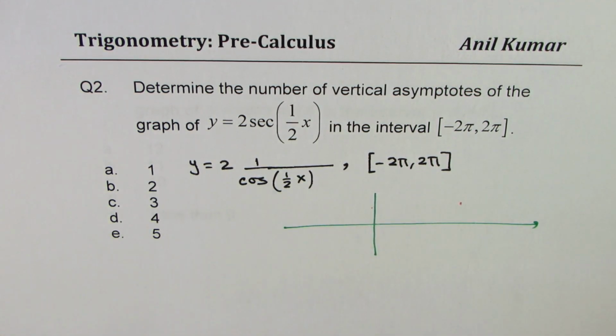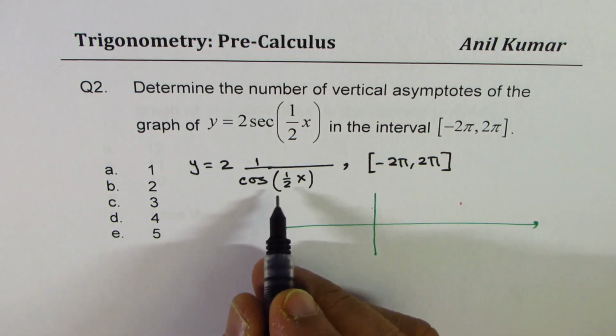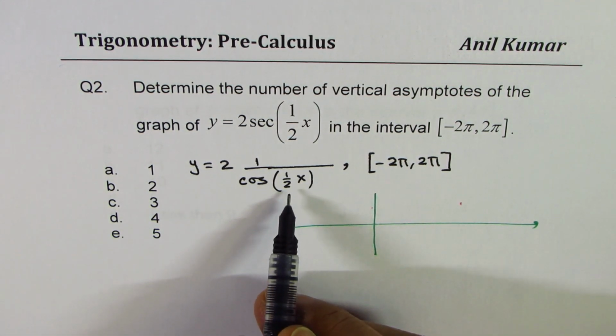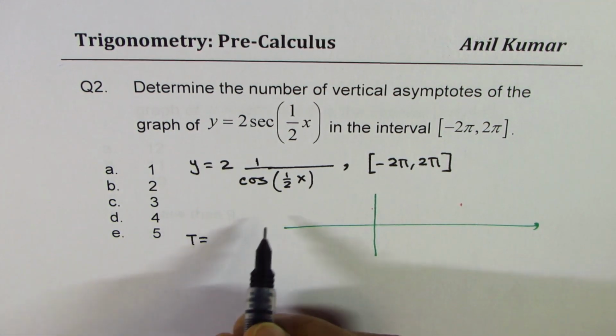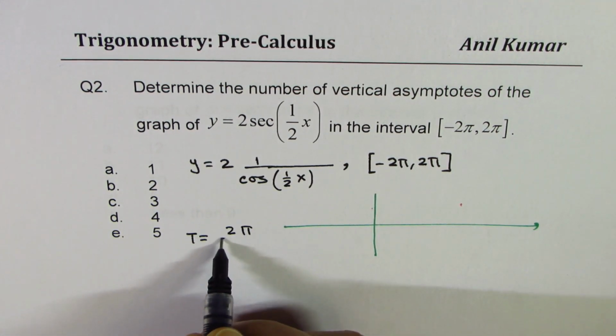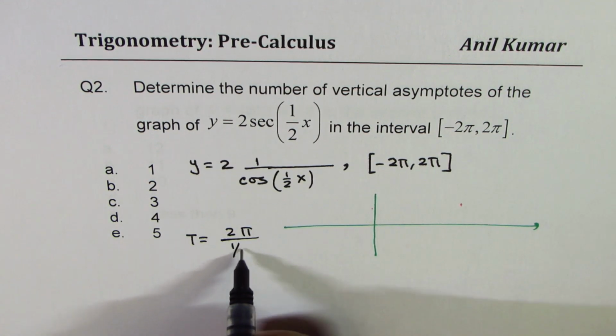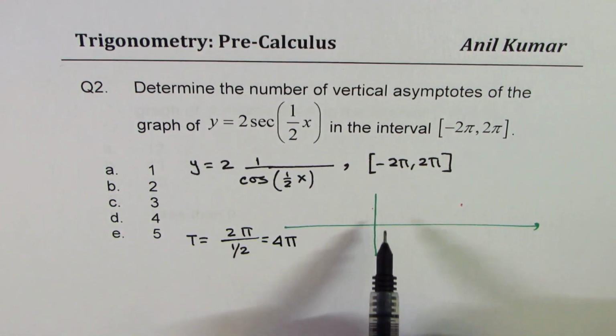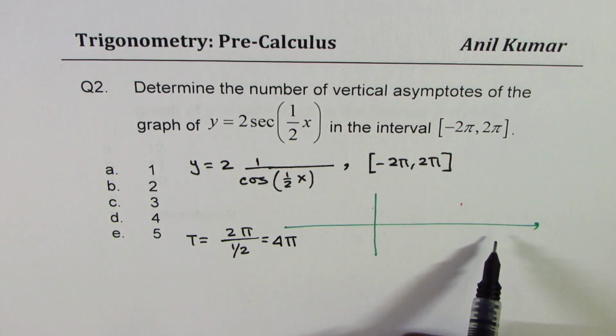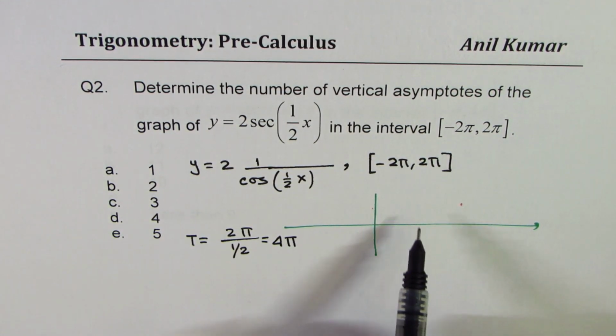Half x means what? What is the time period for the cosine function? Now the cosine function time period T is equal to 2 pi divided by the k value of half, which is 4 pi, correct? So one wave of cosine will be in 4 pi.